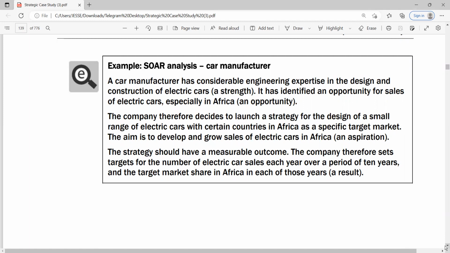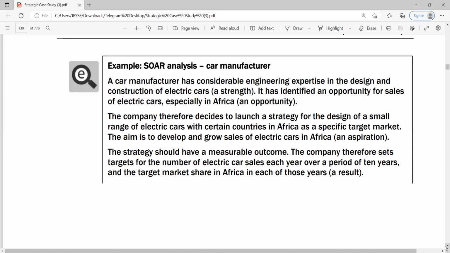The aim, see the language here, the aim is to develop and grow sales of electric cars in Africa. It is an aspiration, it's a target, it's an aim. Aims are aspirations.